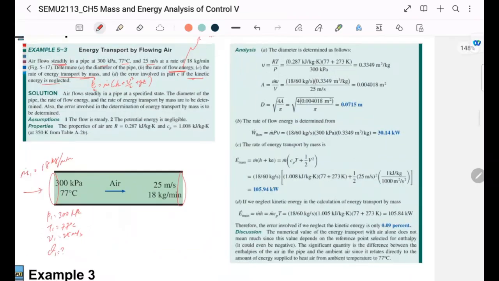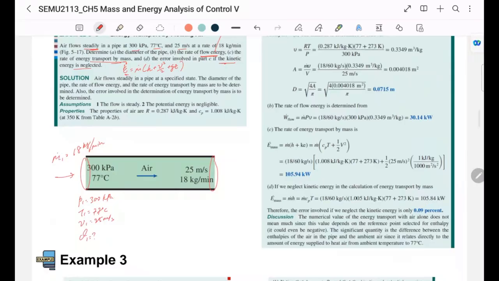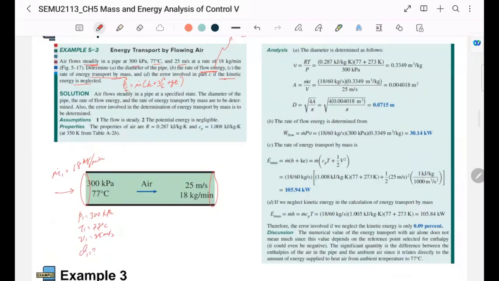The solution is here as well, but I myself probably will do it slightly different. For me, M1 equals 18 kilogram per minute over 60, kilogram per second. I always like to change to SI unit first, so I don't get confused. So this equals rho 1 A1 V1.